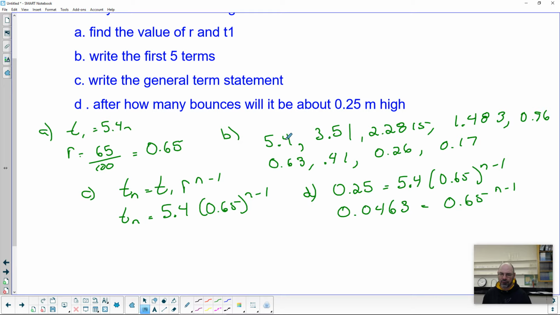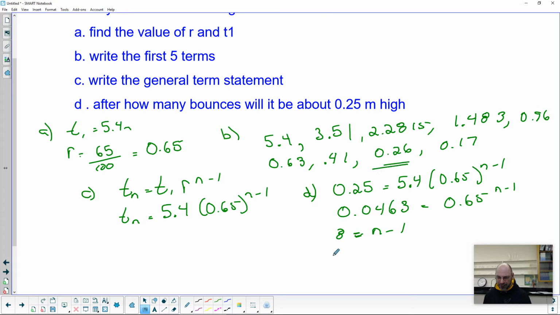Okay, so if we count, we want to get down to question number D here. So this looks like it's going to be approximately the, well, 1, 2, 3, 4, 5, 6, 7, 8. About the 8th term is very close to 25 centimeters high, or the 9th term. I'm going to pick the 8th term. So if we say that n minus 1 equals 8, so that's 1, 2, 3, 4, 5, 6, 7, 8, that term right there.